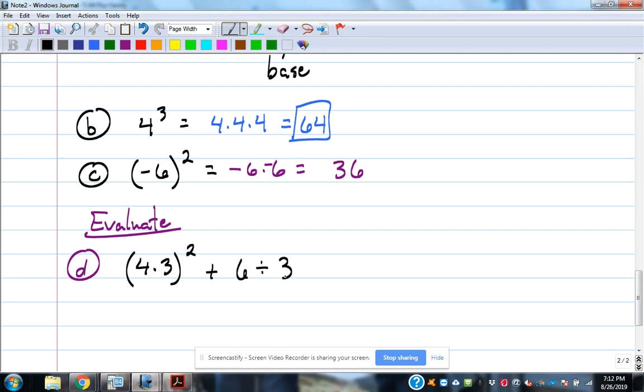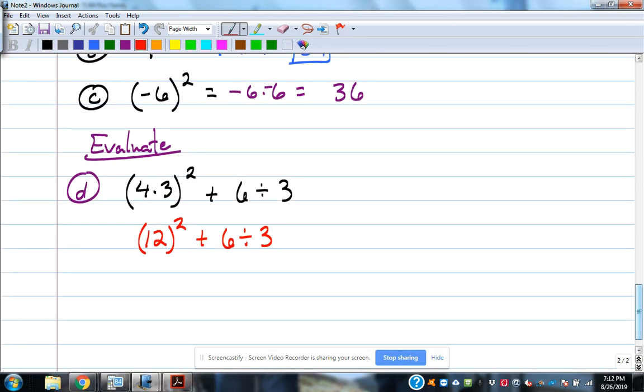In this problem, what should come first? Parentheses. 4 times 3 is 12. What should happen next? Your exponent. So we're squaring 12. What's 12 squared? Does anybody know? 144. What should happen next? Division.